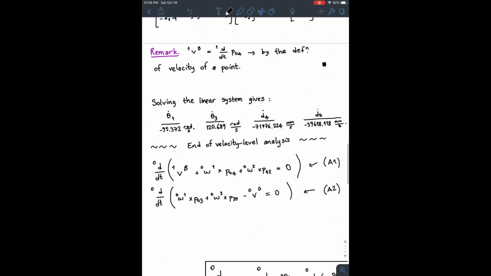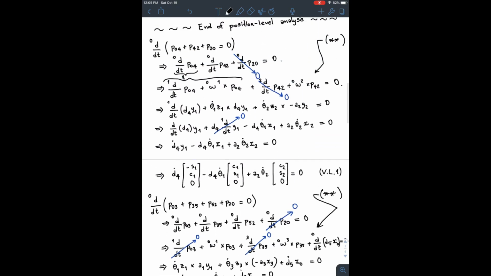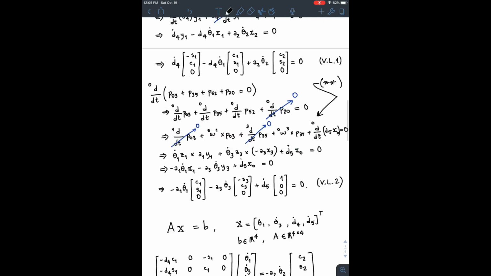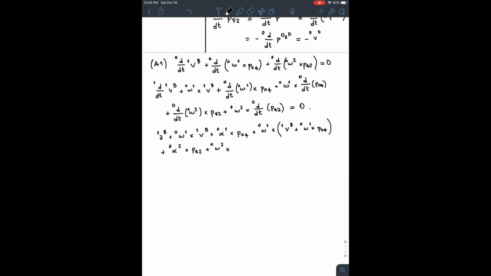If you go back here, yeah, right here, this term here, the derivative of that is given right here. So I will take that, borrow that, and since the first term there, this one is 0, I'm just going to borrow the second term right there as a derivative. Okay, so this is going to be angular velocity of 2 in 0 cross P42 equals 0.